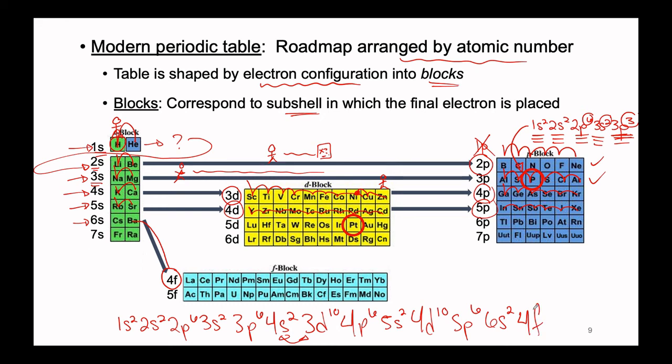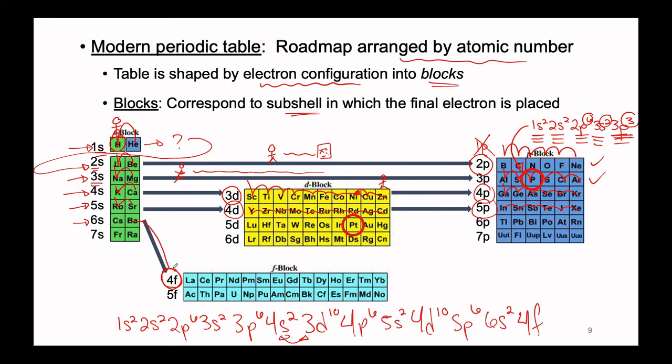Well, the f orbitals are what come next according to our energy diagram, and the reason it's 4f is because 4f is the smallest of the f orbitals. We talked about this in chapter 3, part 4, where we discussed the atomic orbitals and all of the different quantum numbers that went along with them. 4f is the lowest energy f orbital, and here is where the f series gets introduced.